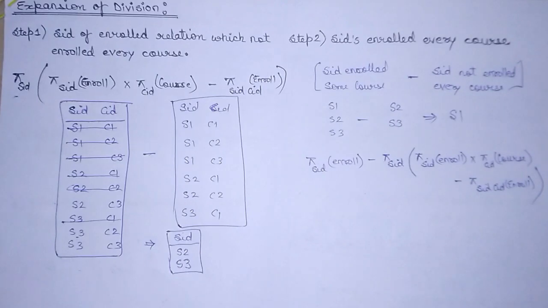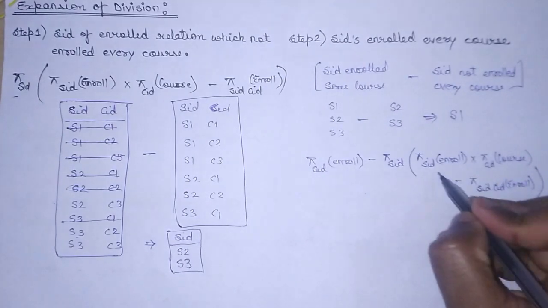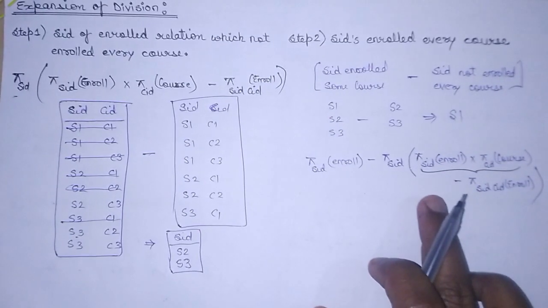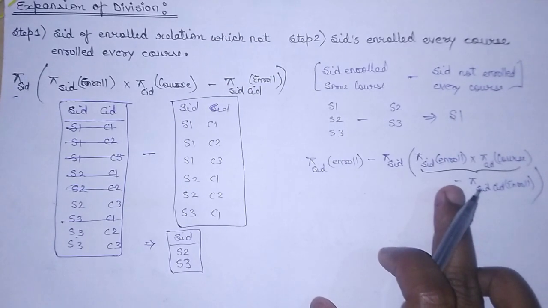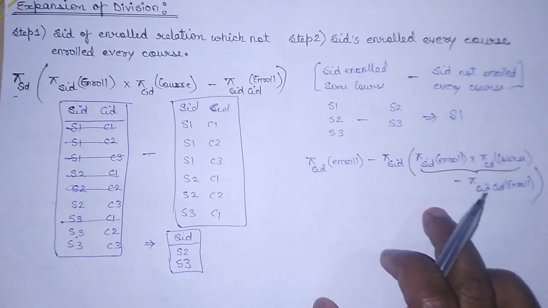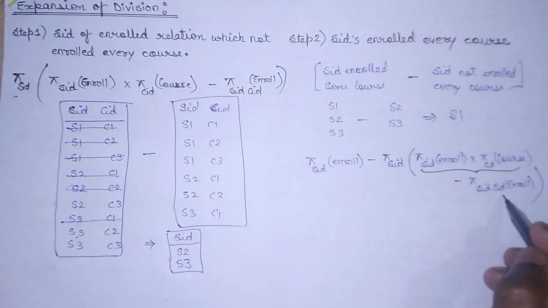Now let's see one thing, that here we got every student ID of R which is paired with every B. So this is all the possible combinations. Then we subtracted the given values and we got the disqualified records.